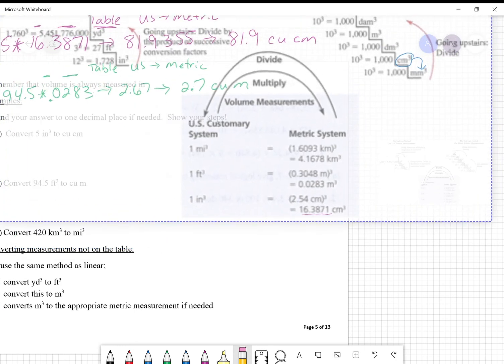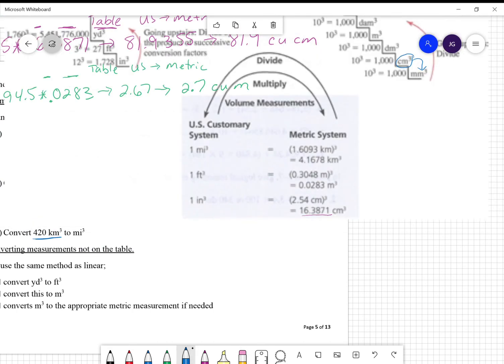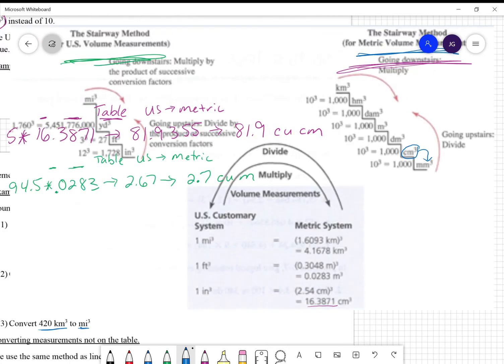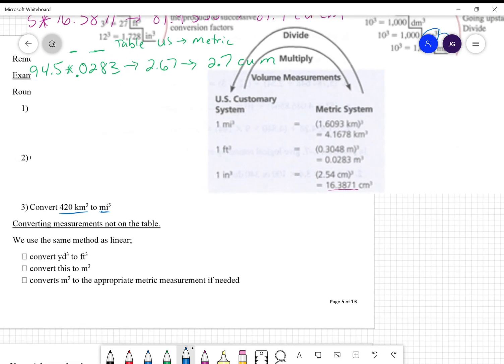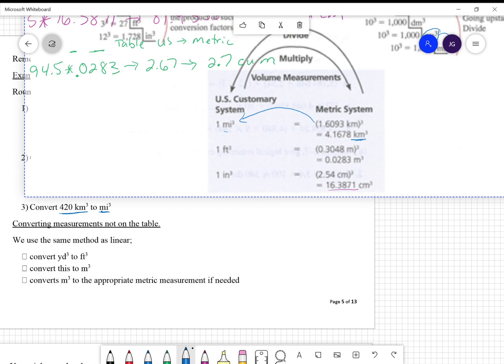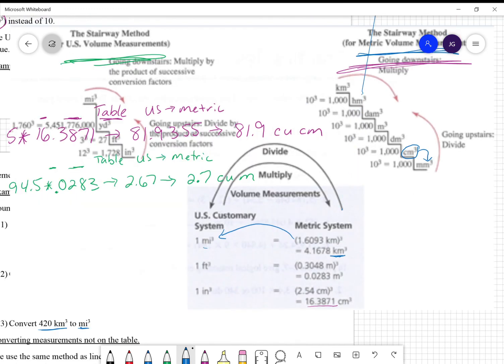Okay, last one. We want to go from 420 cubic kilometers to cubic miles. Cubic kilometers is right here. Cubic miles is a straight conversion. But I'm going from metric to US, so I'm going in this direction, so I'm going to divide.